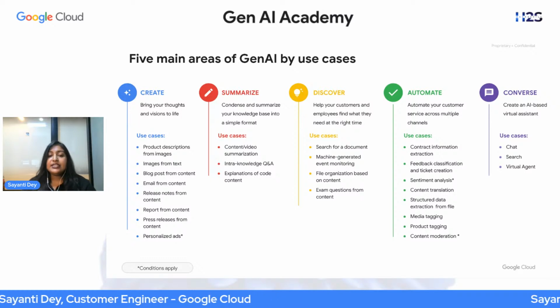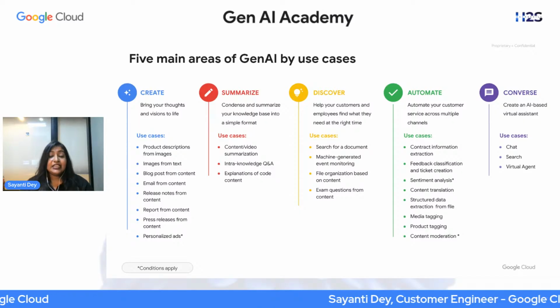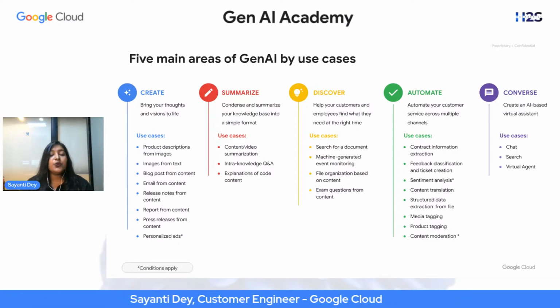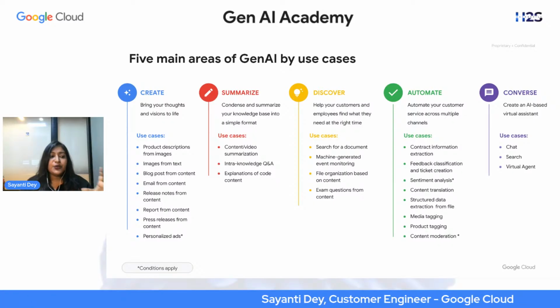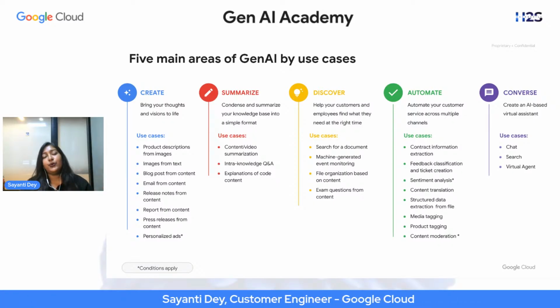Some are using Gen AI to get insights from medical documents or financial reports, or even for understanding code content. It can be as simple as you write simple code, or you have found a code snippet from somewhere, and you want to understand what this part of the code is doing.